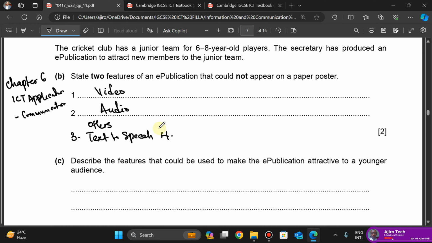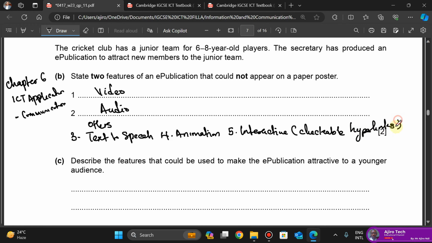You have animations. Okay, we have interactive, clickable hyperlinks. That's clickable hyperlinks. Okay, and you can change it to different languages.